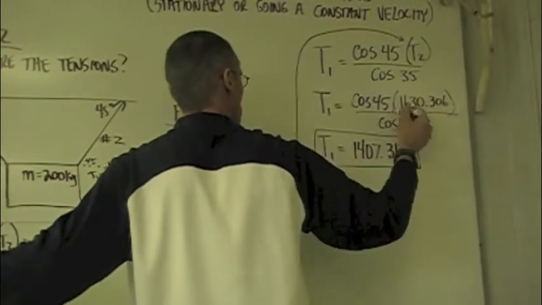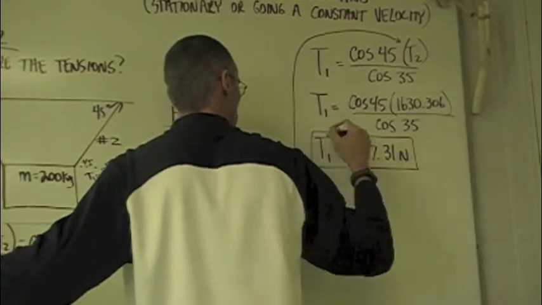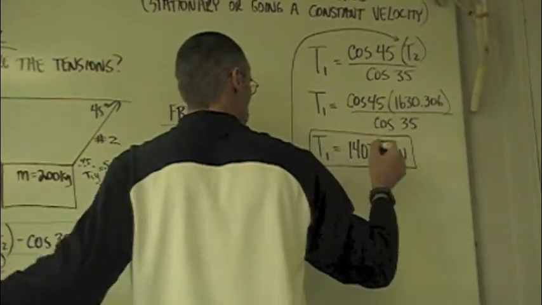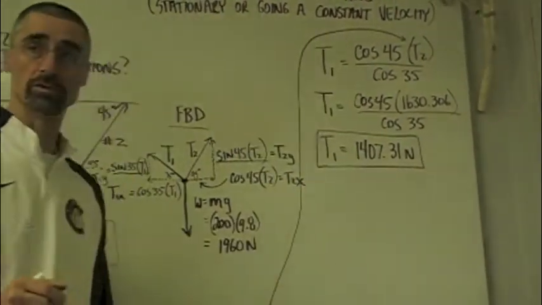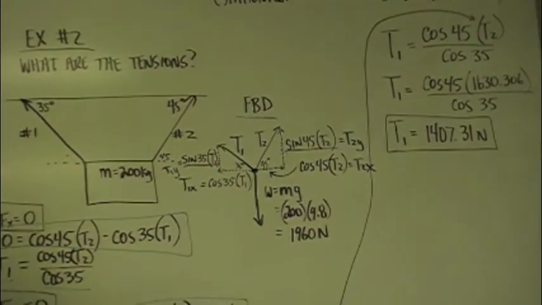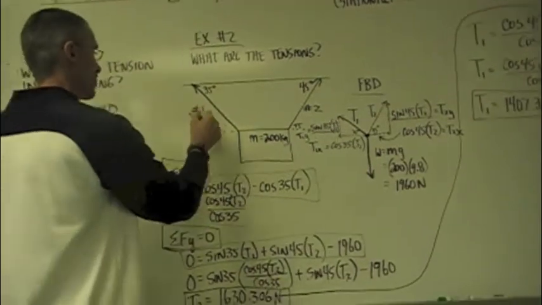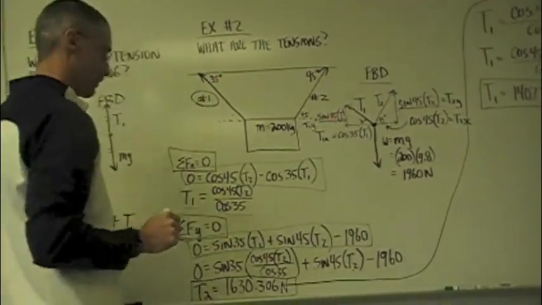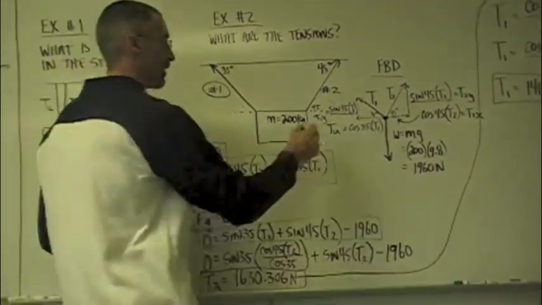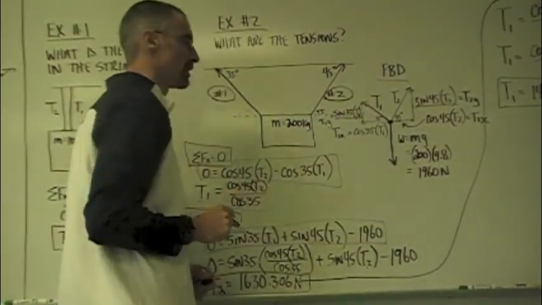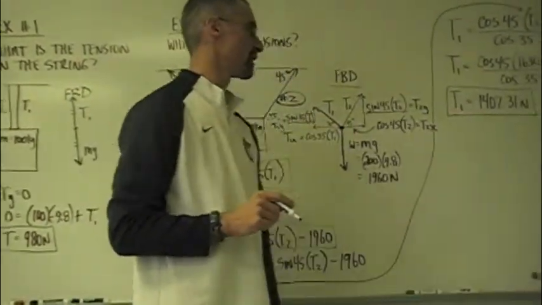And when I substitute it in for T2, we come up with a tension 1 of 1407.31 newtons. Okay. So we know what the tension in this string is going to be, which is 1630. And we know what the tension in that string is going to be, which is 1407.